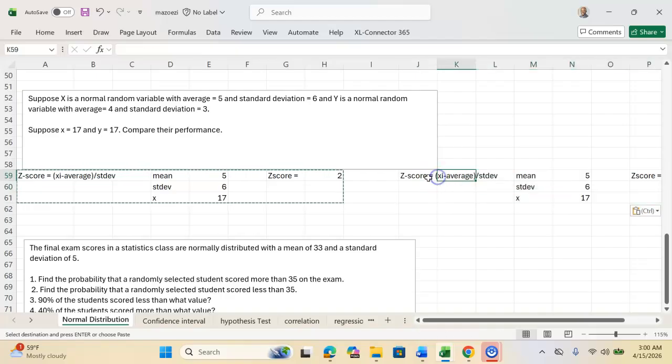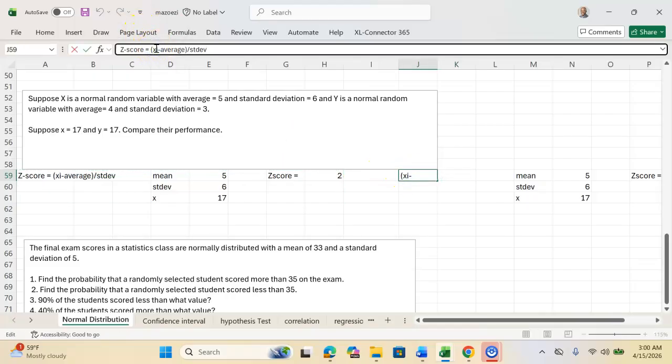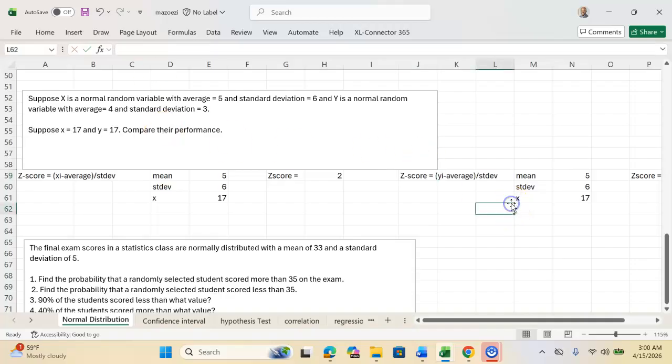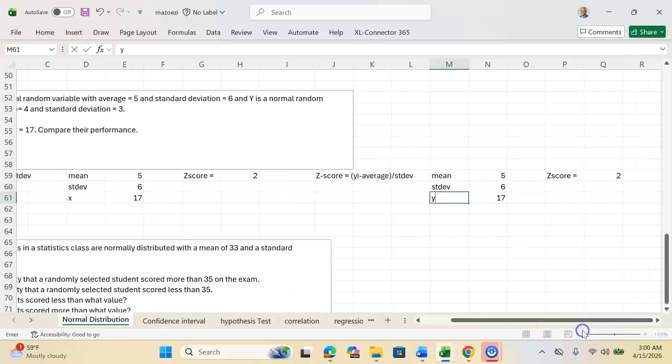Now I'm going to select the outcome, copy, and paste. And so now we're going to look at Y, the Z score for Y. So x here will be y. So y is 17, same as x. And so let's look at the average.